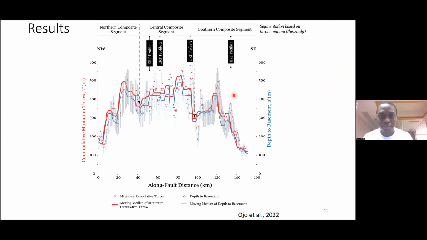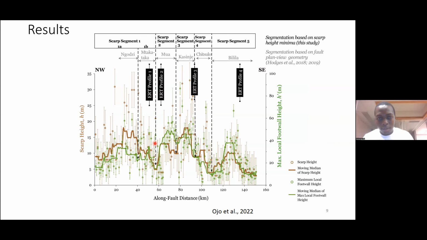You're talking about this, right? Yeah. For the southern part, it corresponds really well. Where we have this minimum amount of displacement as the relay zone, it corresponds really well. But in the northern part, there's a slight deviation.